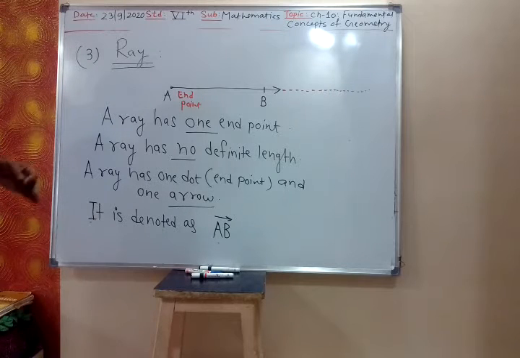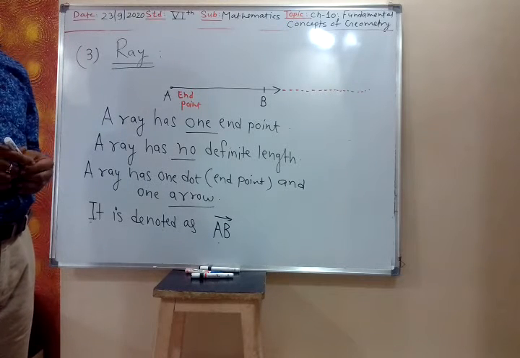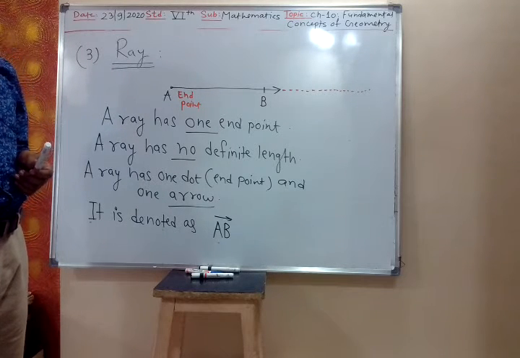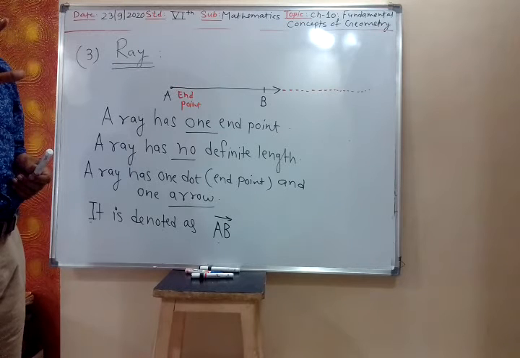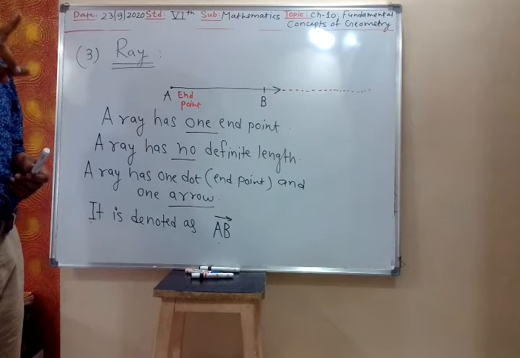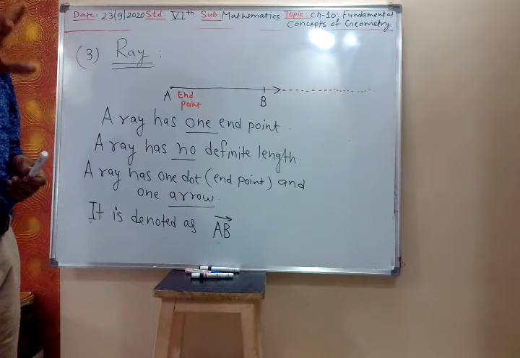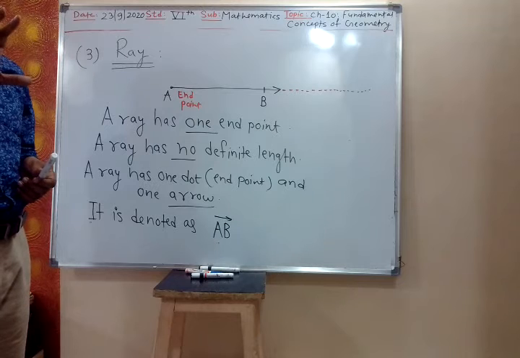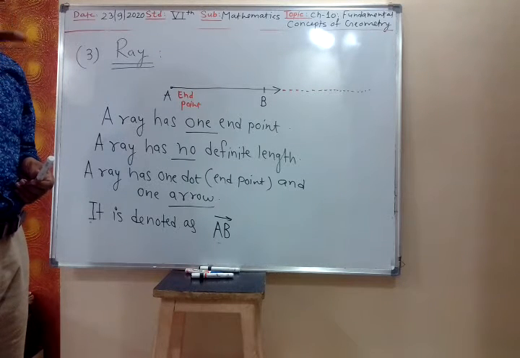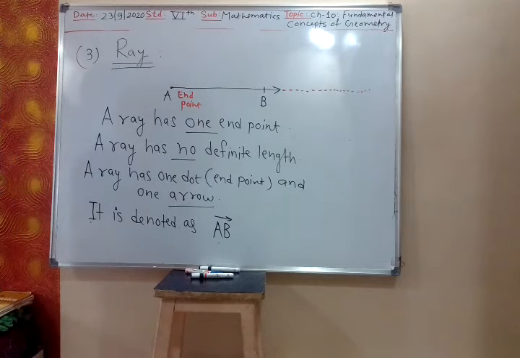So there should be a clear understanding between line segment and ray. A line has two arrows. A line segment has two dots. And a ray has one dot, one arrow.